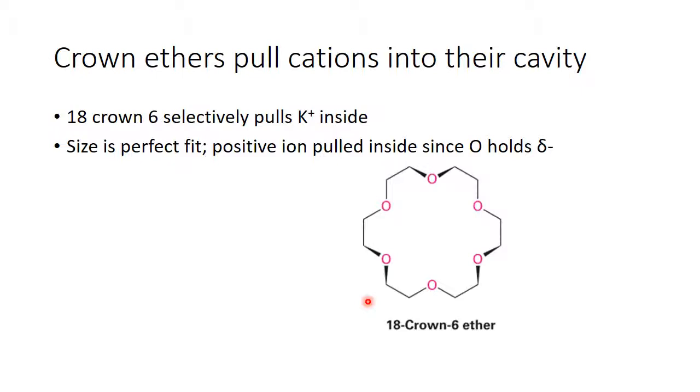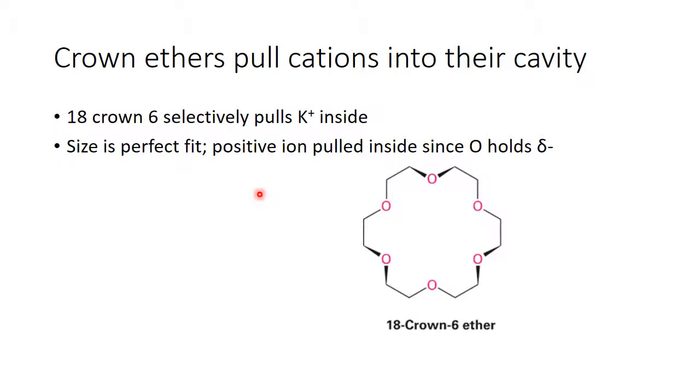Because the inside of this crown ether is just the right size for potassium, the potassium loves to sit inside, and when you put something that has a potassium ion as a counter ion in solution with this crown ether, the potassium gets pulled inside and leaves its counter ion very negative.